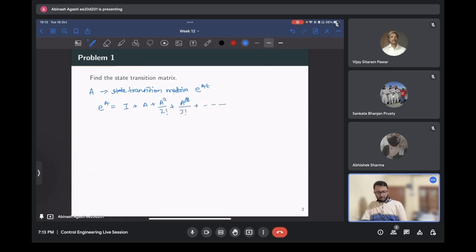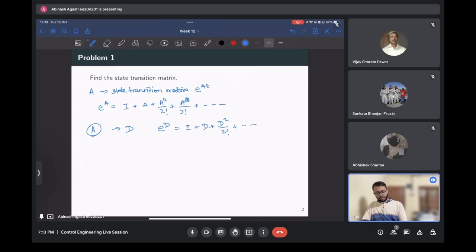But for any general matrix, if there is no special form or compactness to it, we cannot find this infinite series every time, right? So what we do is, given any matrix A, we try to diagonalize it, so that if we get to a diagonal form through a similarity transformation, then that diagonal matrix e to the power D is again given by this series.